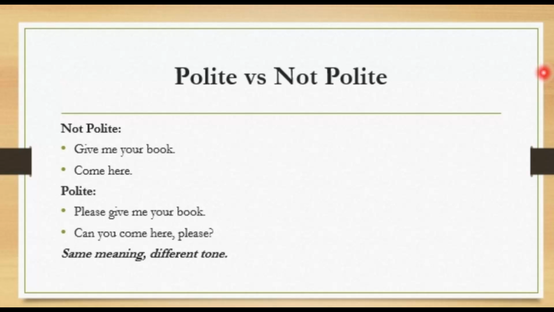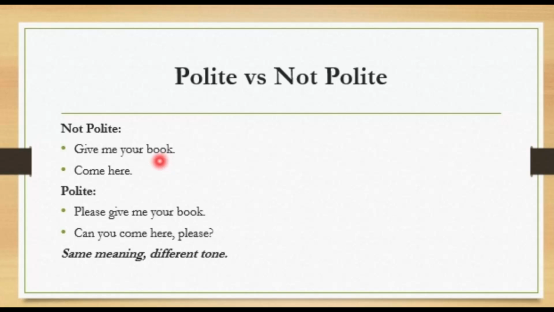And so let me compare two things. Which one is polite? The first one or the second one, you can see that here. This one is not very polite. So this one sounds like talking to a friend or someone we know really well. So give me a book.